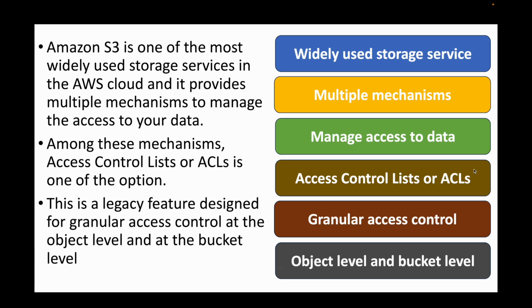With this, you can provide granular access control both at the object level as well as the bucket level. ACL is a legacy feature that is available in S3, and it is mainly designed to give more granular control over your data as well as your bucket.